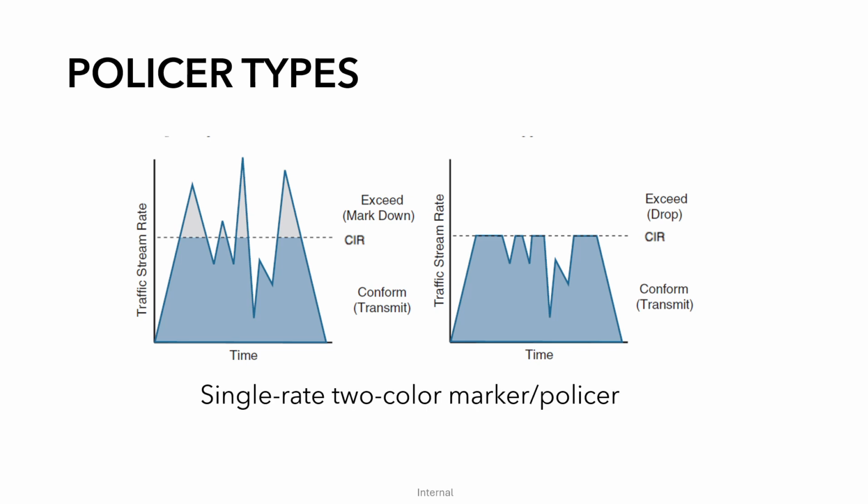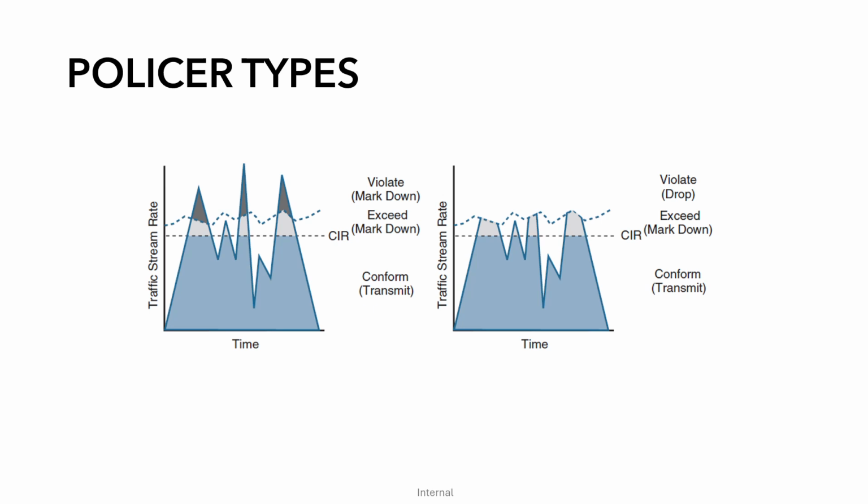Then we have single rate 3 color policer marker. The idea here is to use one CIR again, and then add 2 burst levels, like BC plus BE. Let me write it down and show you. Just give me a second. Okay. So if you see, there are 2 levels. BC: within the BC, traffic is safe.